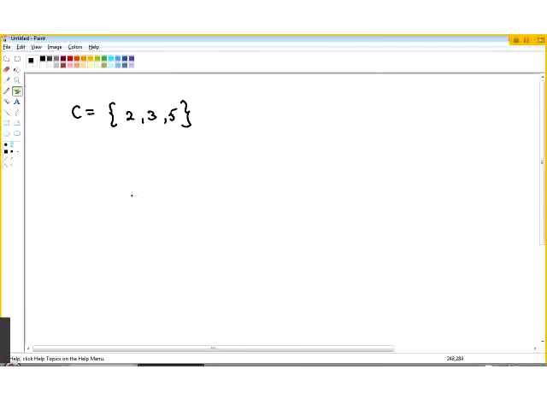Okay, and you're asked the number of subsets that could be formed from set C. Anytime you hear a number of subsets, the first thing you must look at is the number of elements. If you're asked the number of subsets that can be formed from set C, it's 2 to the power n, where n represents the number of elements in the set.